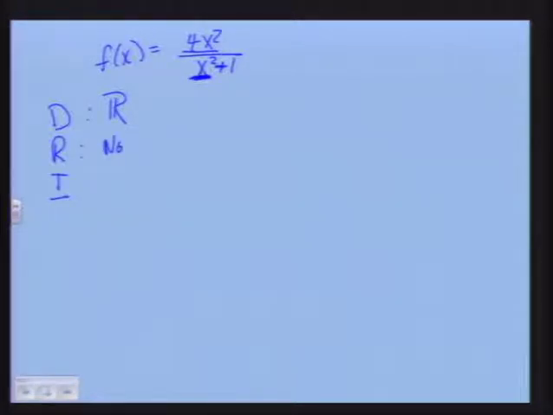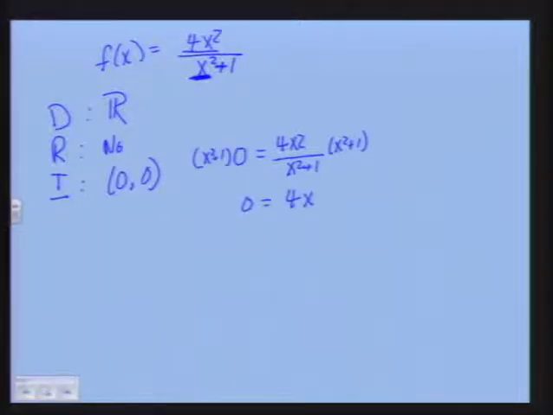Intercepts, if I plug in 0 for x, I get 0 for y. And if I plug in 0 for y, let's see if I get anything different. Doesn't look like it, does it? Multiply both sides by x squared plus 1. I have 0 over here, 4x squared here.